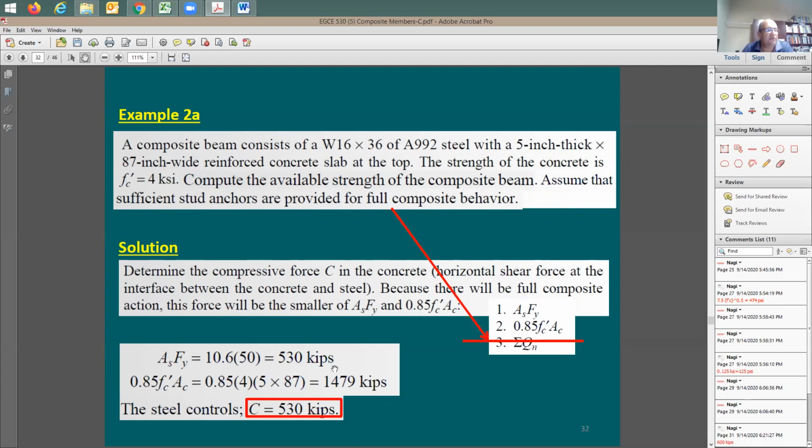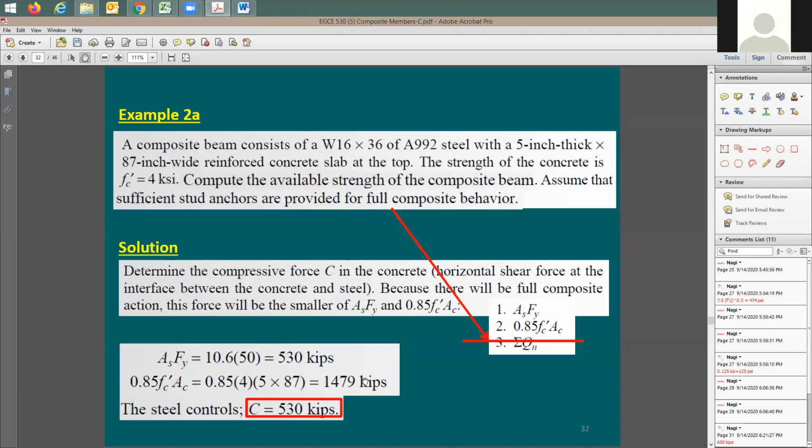Now I have two numbers. The steel is going to be 530, and the concrete is really thick and wide, so I have enough strength. Where do you think the plastic neutral axis is going to happen? In the concrete above the steel, or within the steel section itself? In the concrete.